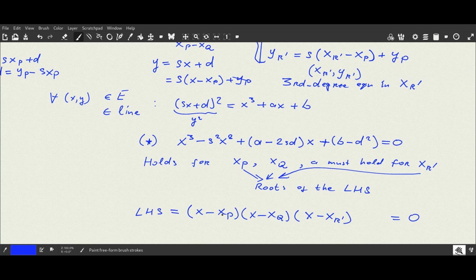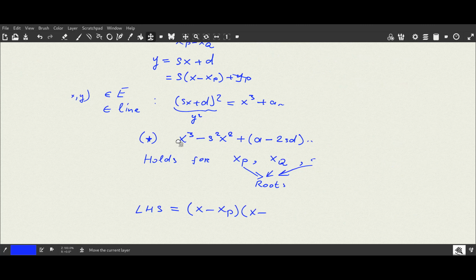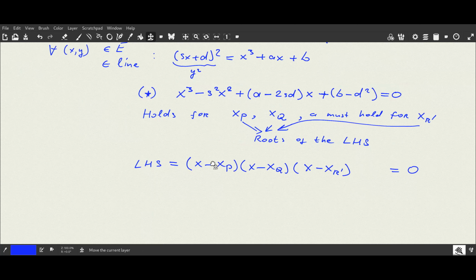Of course. xp, xq, xr prime are the roots. Okay? So basically, this star and this factorized representation of the left-hand side must be the same polynomials. So now we can expand this.